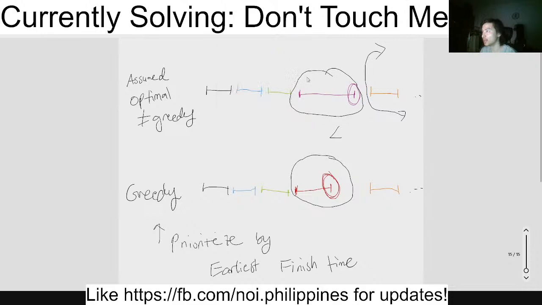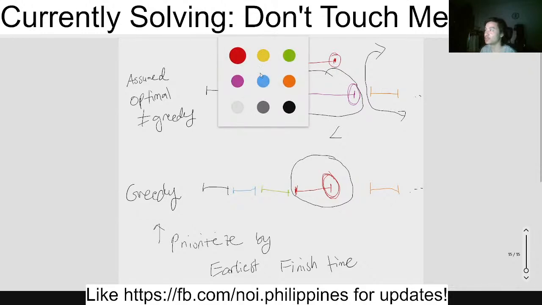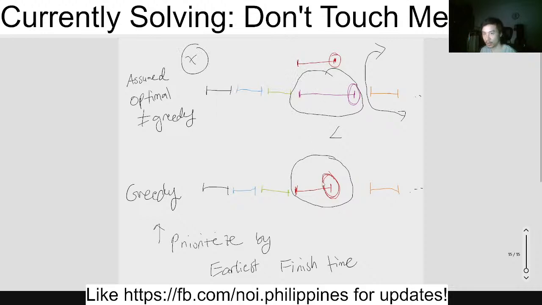If my answer previously for this solution was X, after doing one exchange like this, it's still going to be X. Possibly even larger, because maybe there's another interval here that I couldn't consider because I picked this purple interval, but now after I exchange it, I can suddenly pick more guys.